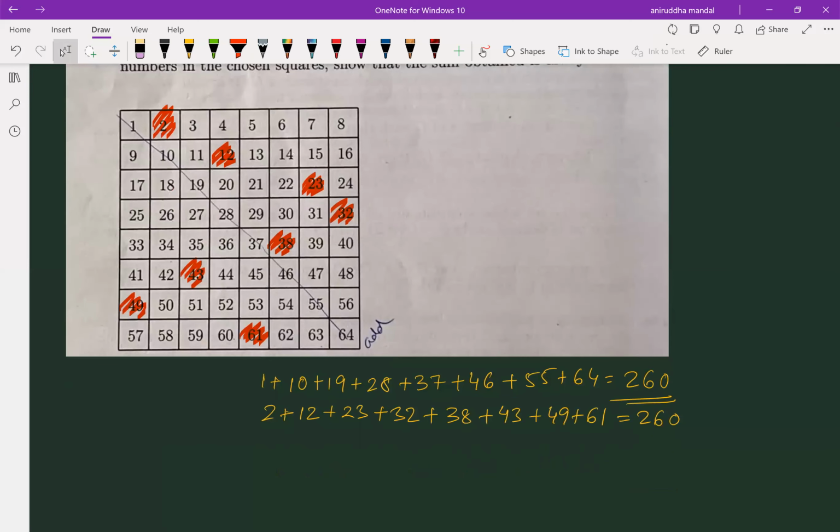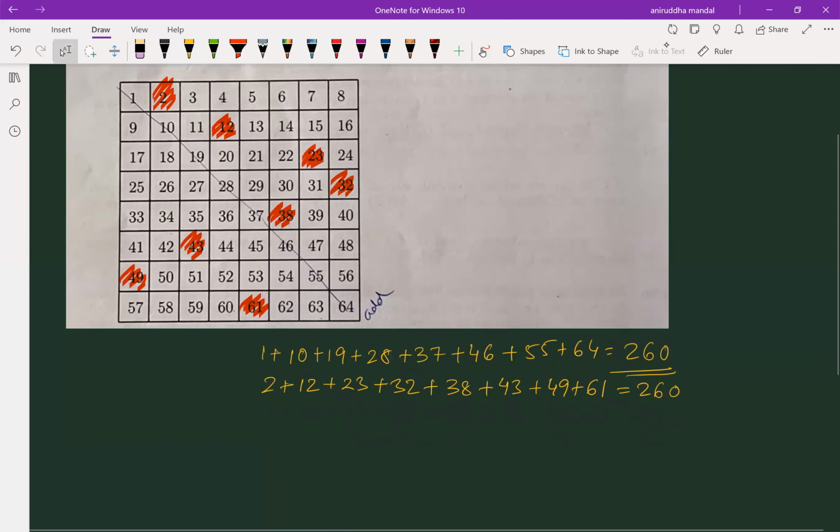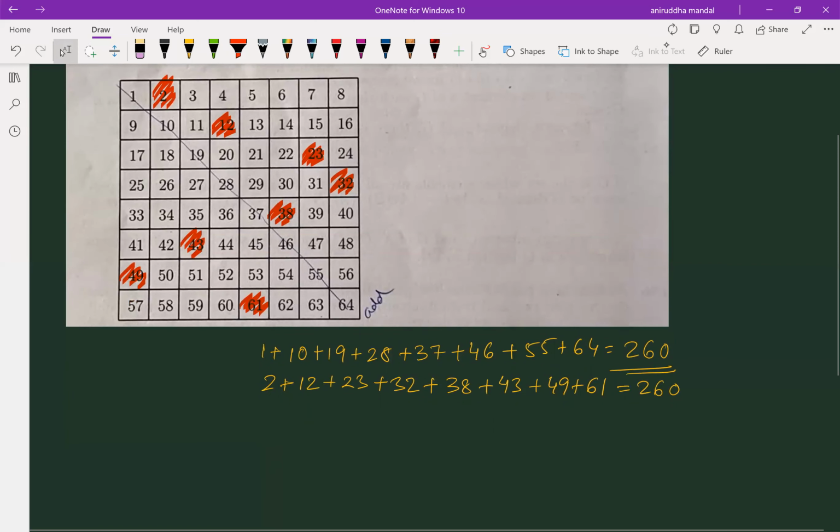Now we have to prove this in general. So how can we proceed? Say we do this problem in a more general way.